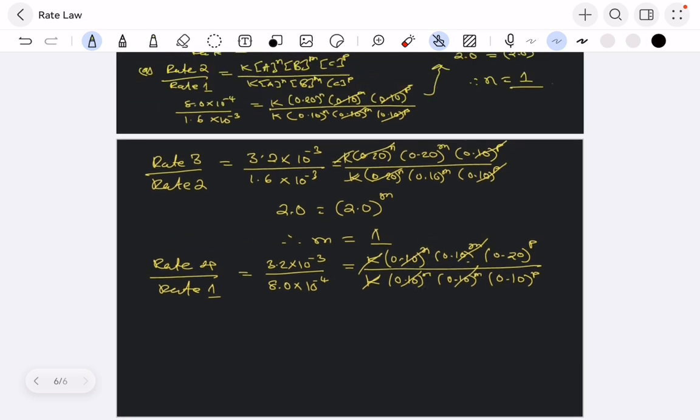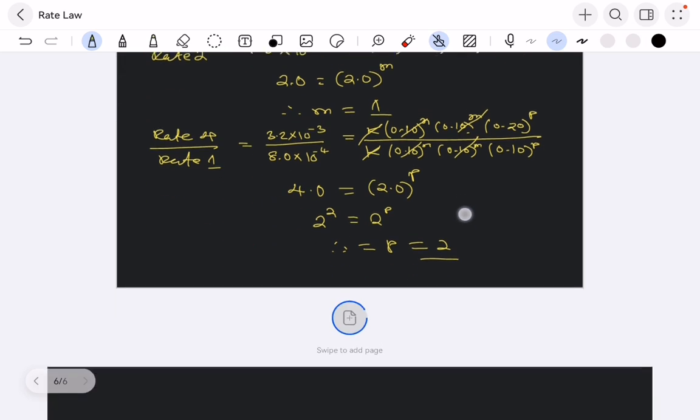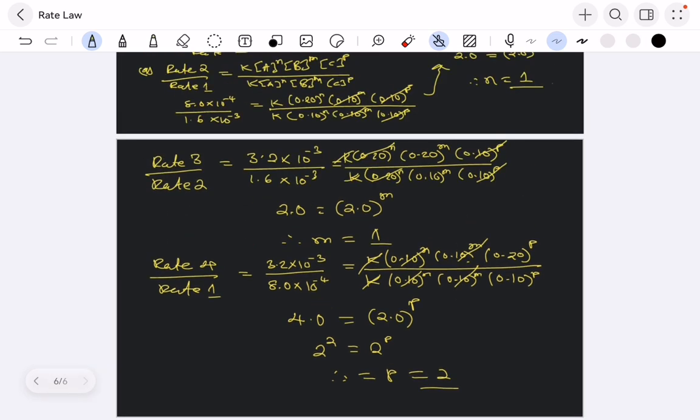When we do the math here, this gives us 4.0. Then on the other side we get the 2.0 to the P. So it's the same as 2 raised to the power 2, equals 2 to the P. Therefore, our P is equal to 2.